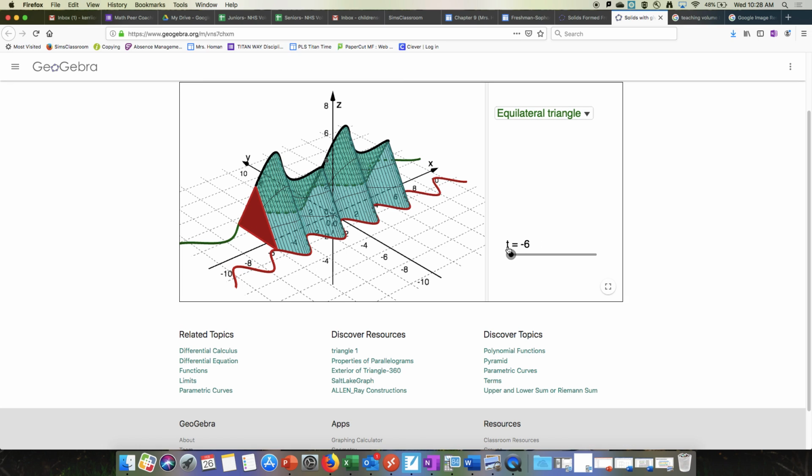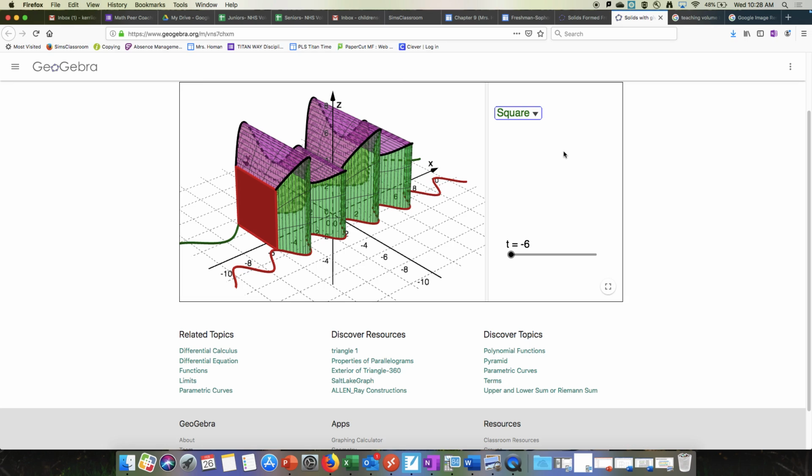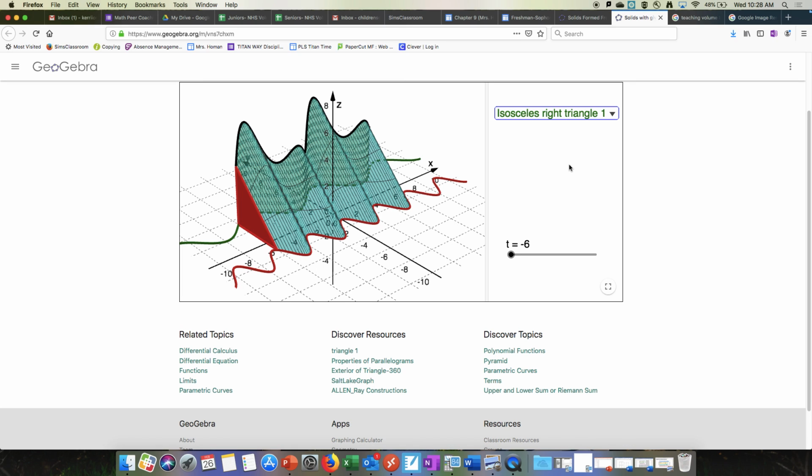Okay, we could change these. Sometimes you may see squares. Here's a region where all of the bases, squares, are popping out. So the size of the square depends on how far apart those curves are from each other. You see that? You might see triangles, like a right triangle.